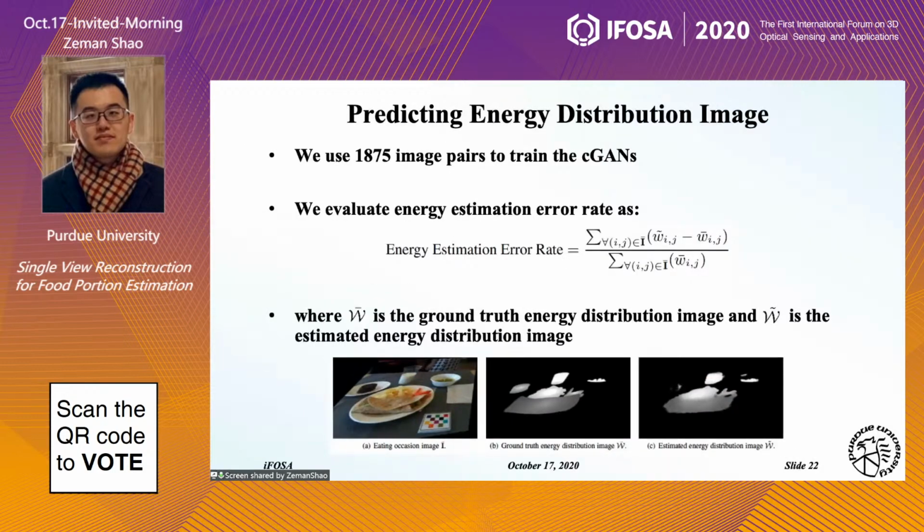For predicting the energy distribution image, we use 1,875 image pairs to train the conditional GAN, and we evaluate the energy estimation error rate with the formula below. Here is an example of the original eating occasion image, its associated ground truth energy distribution map, and the energy distribution image estimated by the conditional GAN.